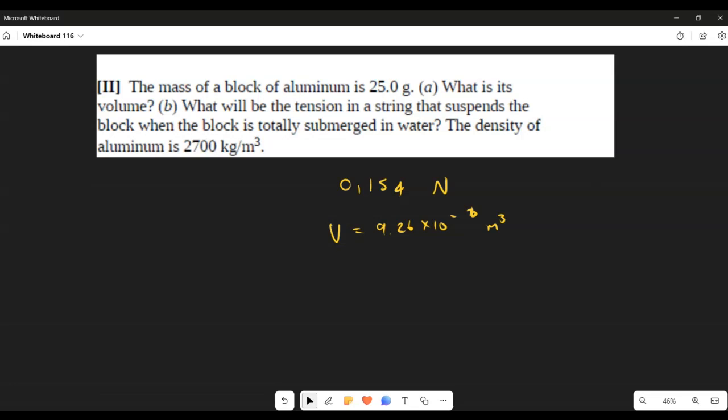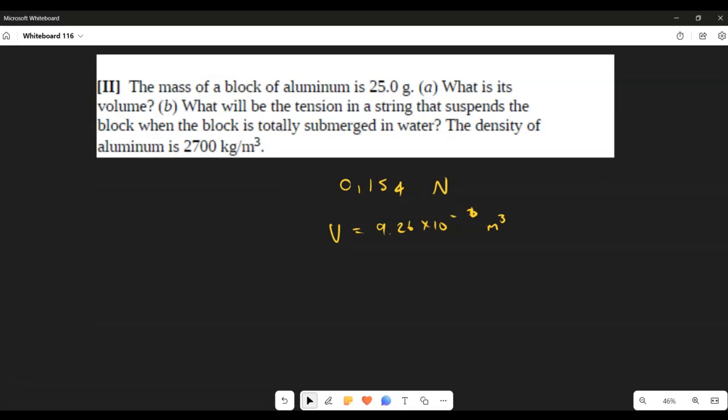Sometimes the question doesn't state that, which is a bit of my problem, but you're going to have to interpret the question nicely. So remember, typically when it's fully submerged, that is when we have this difference in forces.